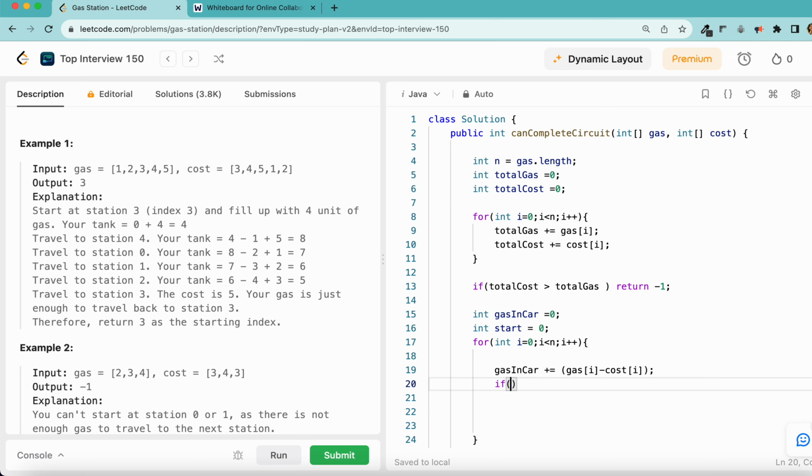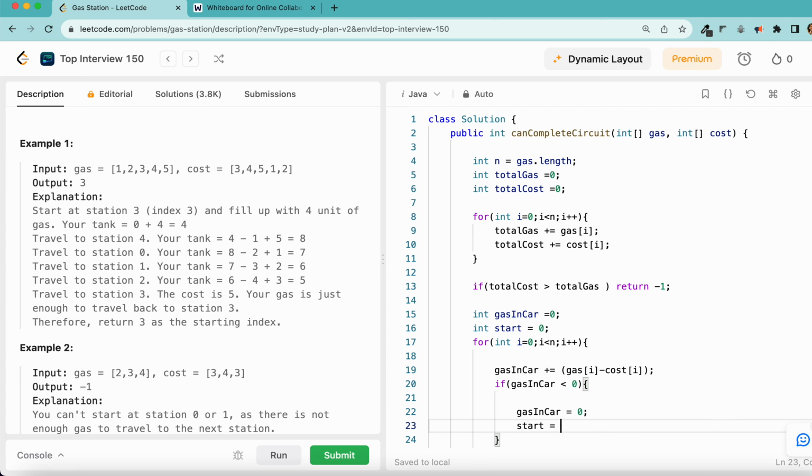I will check if gas in car is less than 0. If it becomes negative, then we will reinitialize it to 0 because it cannot be negative, and we'll set start equal to start plus 1, since this can never be my index.